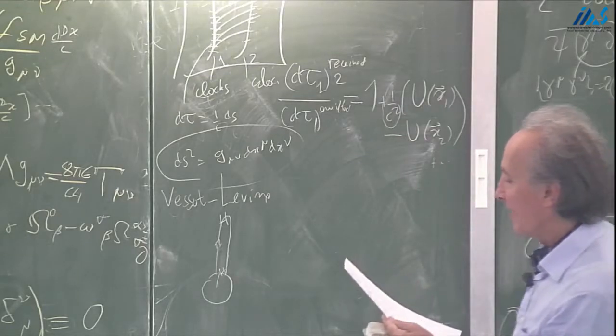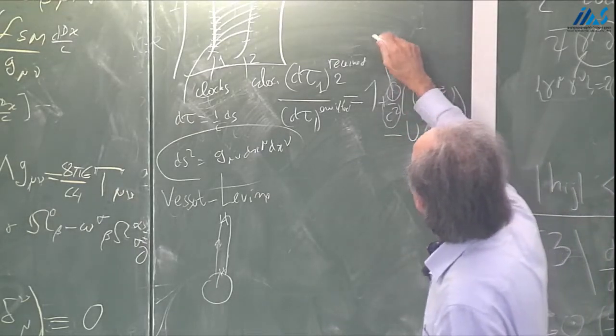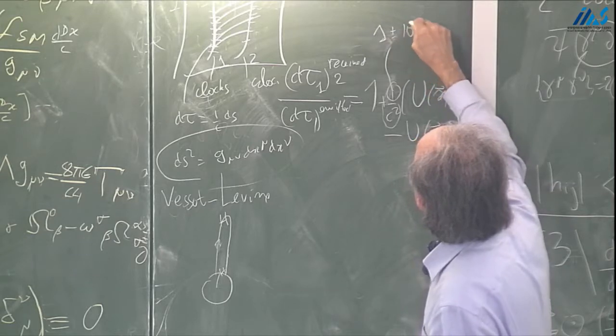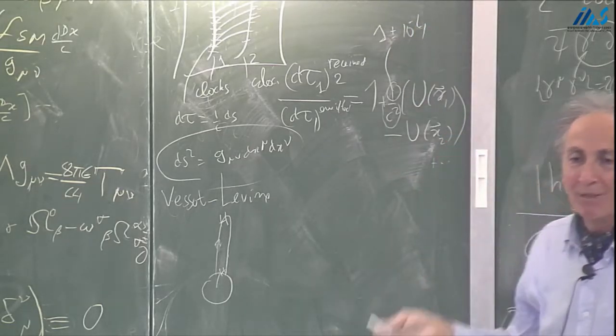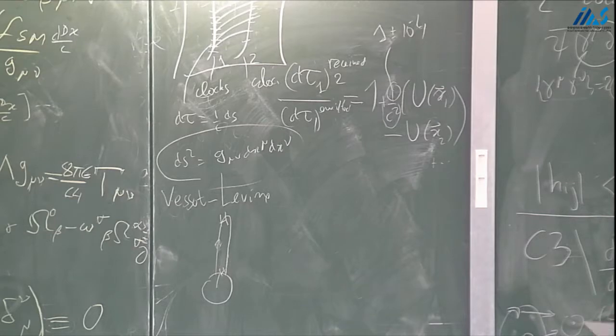They could verify that this coefficient is equal to 1 to a part in 10 to the minus 4, which is maybe less impressive than the others, but still interesting.